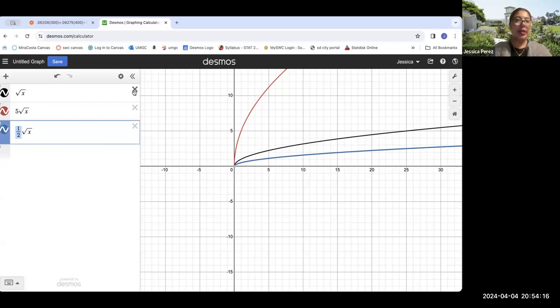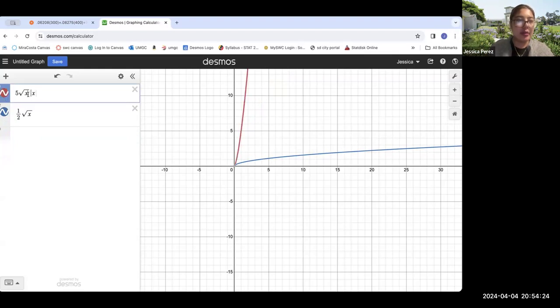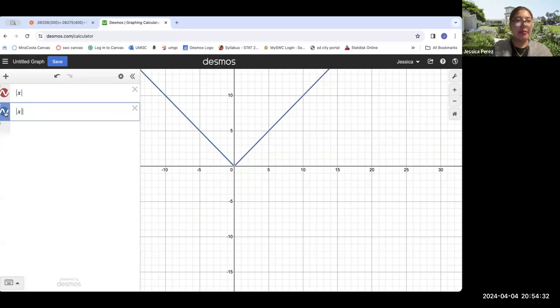I can do another example, the absolute value of x. So there's the absolute value of x. What happens if I multiply by 5? See how it's stretched?